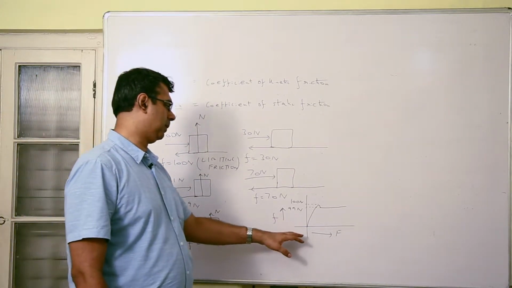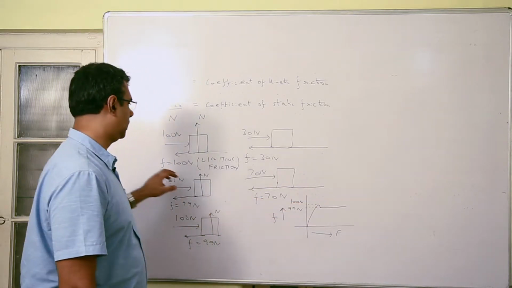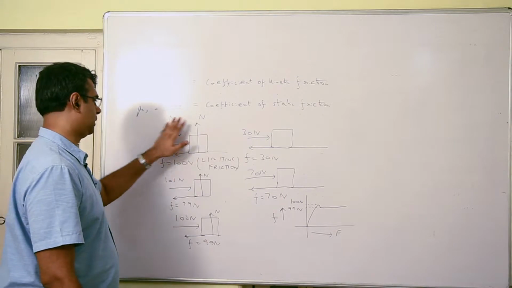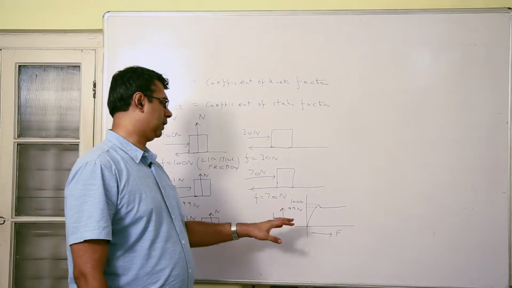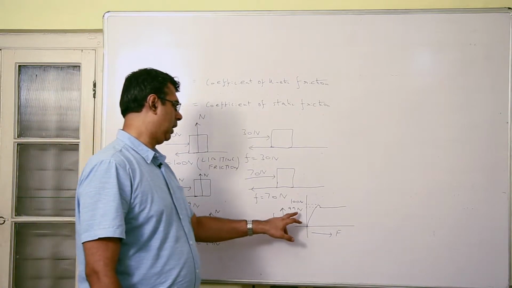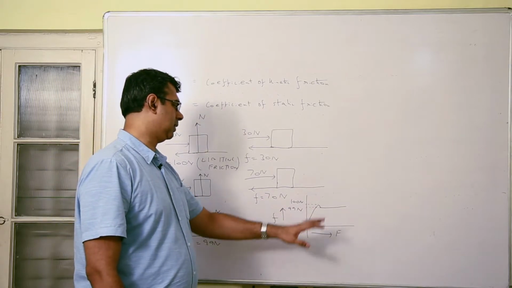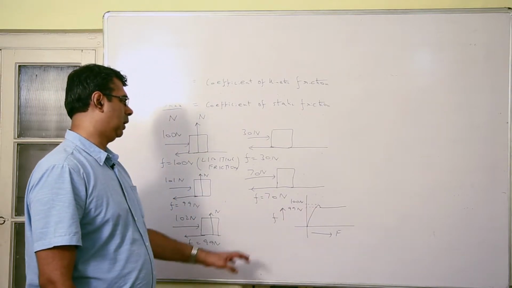So as we increase the applied force, friction increases proportionately. It achieves a limiting value, which is described in this diagram. After that, any further increase in applied force causes relative motion, and then friction achieves a constant value which is slightly less than the limiting value.